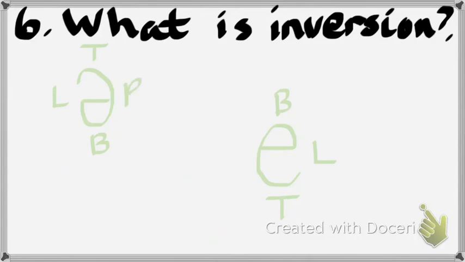And this was the right part of the letter E, and now the right part is on the left. So everything is totally flipped. Bottom became the top, left became the right. Everybody okay with that? So this was before, and this was after. So everybody okay with the idea of inversion?